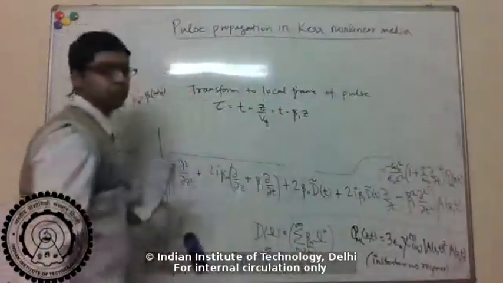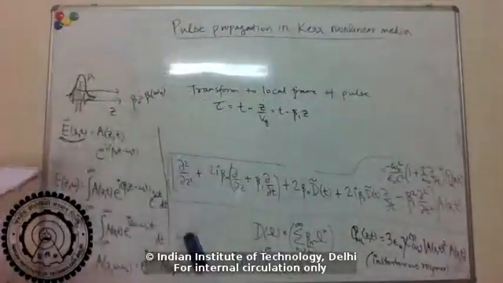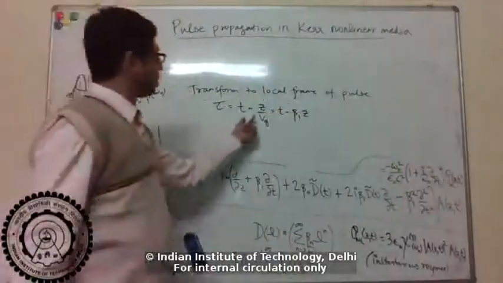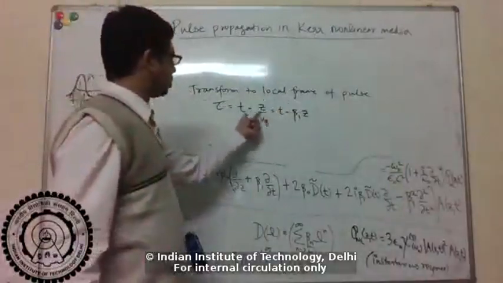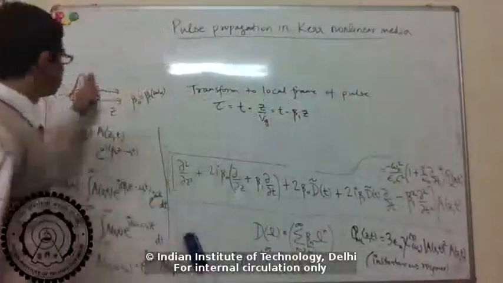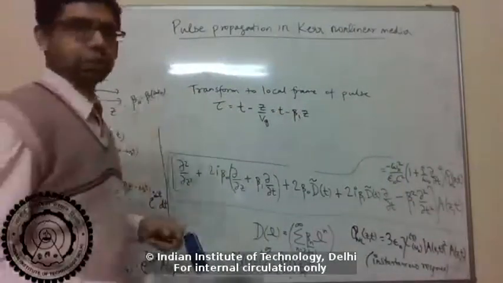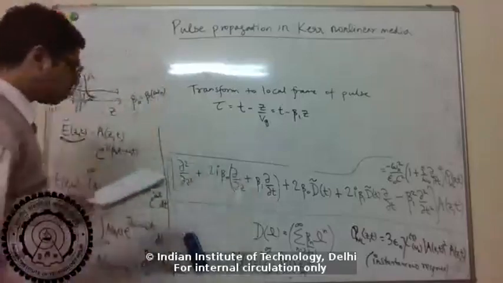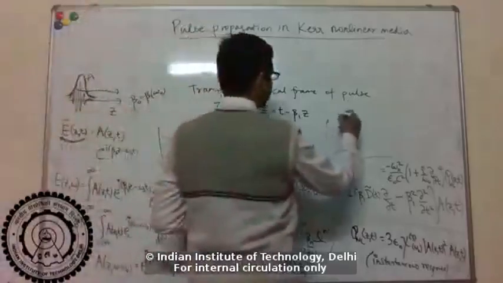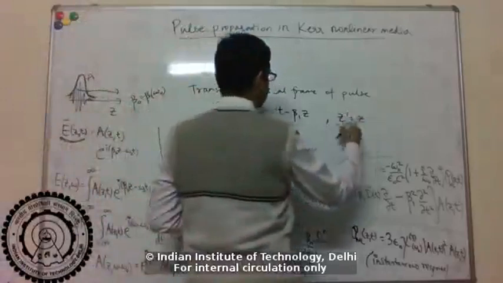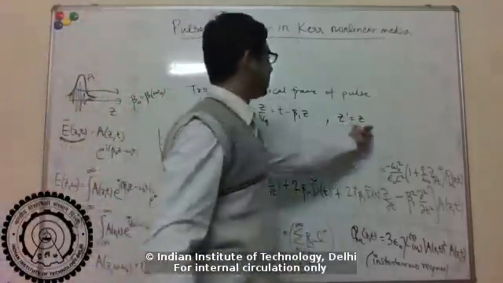Beta 1 is just inverse of vg, if you remember, right? So it's a frame which is moving at the group velocity, right? So we are moving along with the pulse, right? And then the new spatial coordinate is the same.